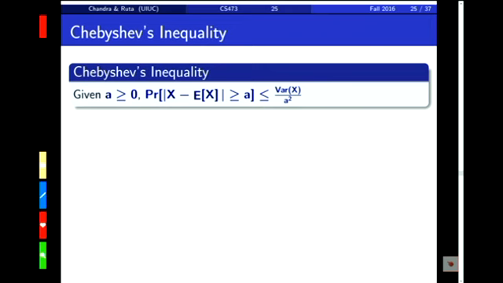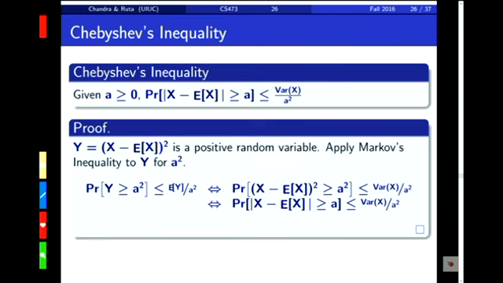And that probability is bounded by the variance of x divided by a squared. And we will derive this via Markov's inequality actually. So let's say again y is the random variable which captures the variance. It is a non-negative random variable.